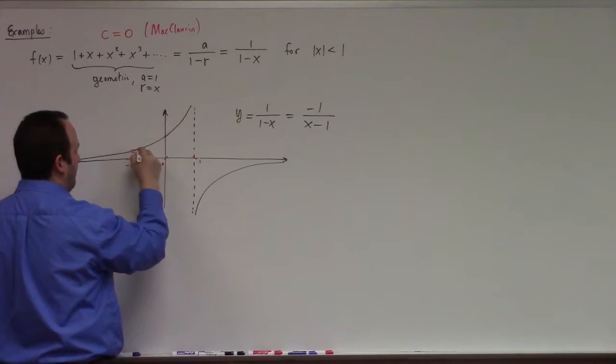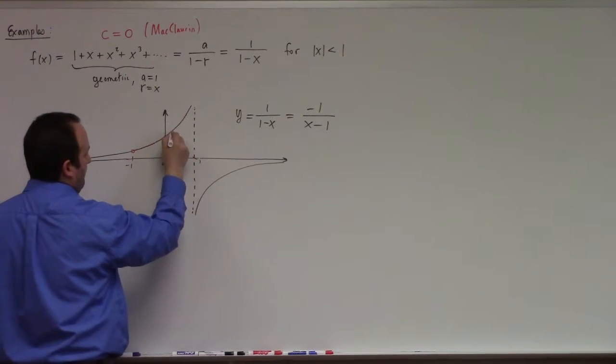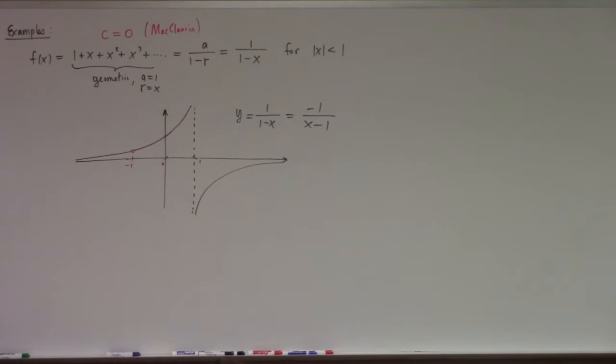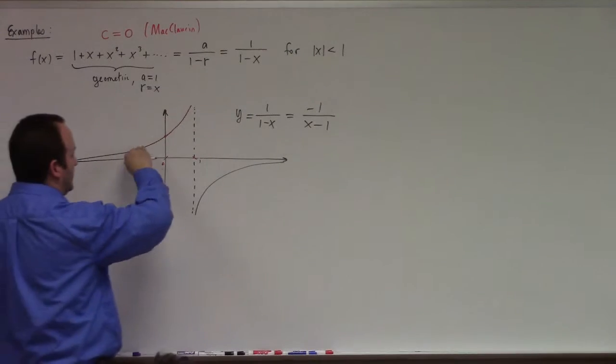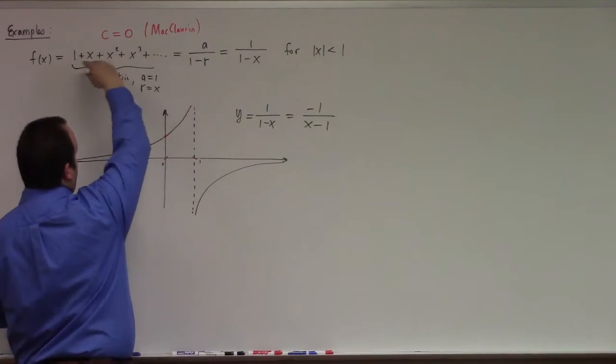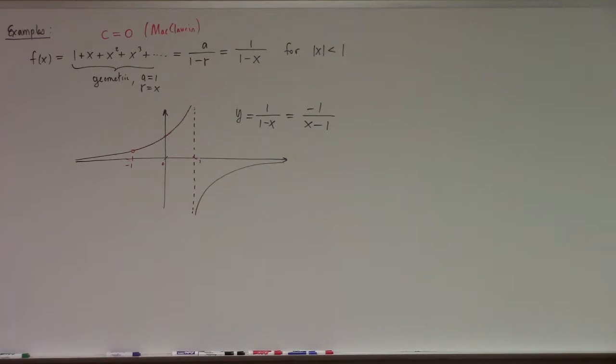So this power series is only approximating the rational function -1 over x minus 1 on that little red piece, right? But if you're interested in the behavior of this rational function right here, you can use that power series to approximate how it behaves, right?